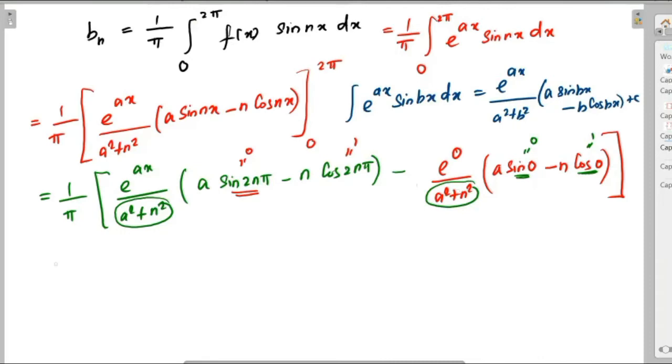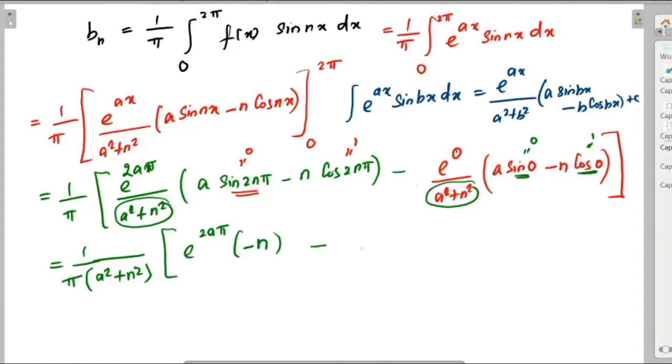So from that you can write a square plus n square into e power, here I forgot to apply 2 pi, e power 2a pi into minus n, minus of minus n, which is equal to, here you can take this term as common.